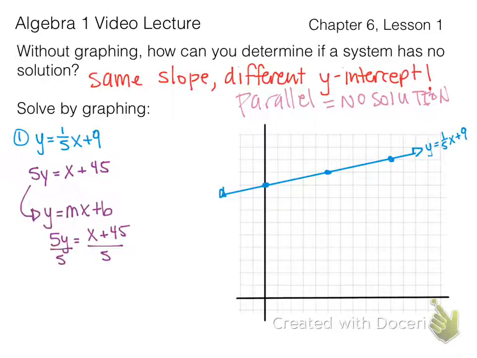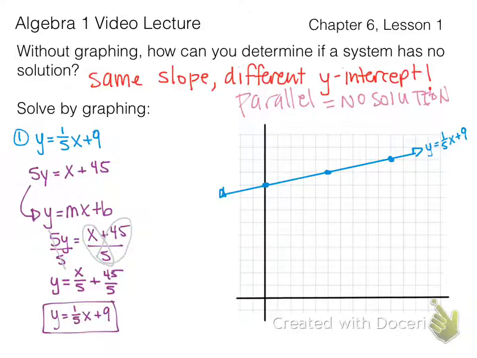So I'm going to divide by 5 on both sides, cancel out the 5 on the left. That gives me y equals x over 5 plus 45 over 5, which simplifies down to y equals 1/5 x plus 9. Oh, that line looks so familiar. Hey, it's the exact same line.